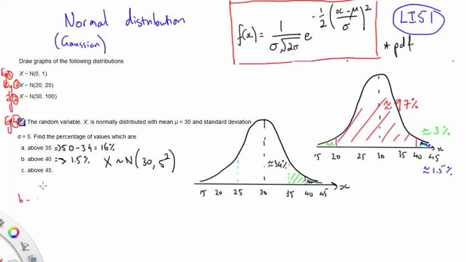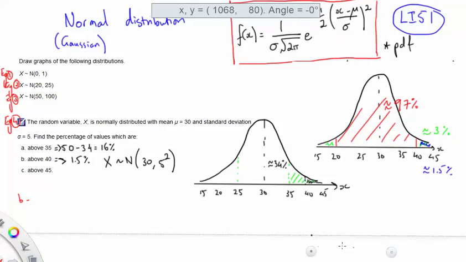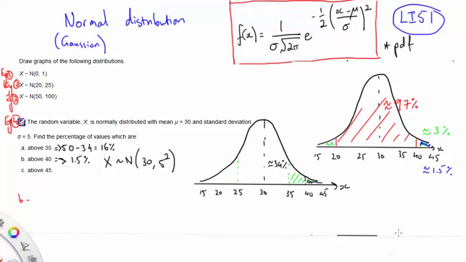Alright, how do we do above 45? It's the same sort of reasoning. I'll do another picture. So I think the sketches kind of help with the reasoning. Okay, bell curve. Kind of like I imagine a ghost sort of thing when I do a bell curve. Okay, 45. So we've got 30 as our mean, 35, 25, 20, 15, 25, 35, 40, 45.